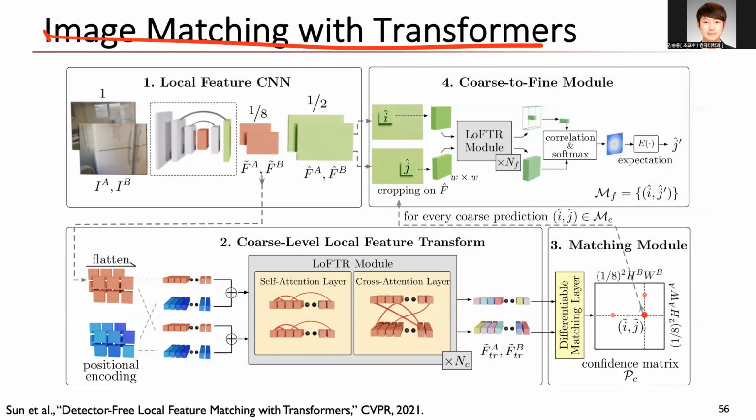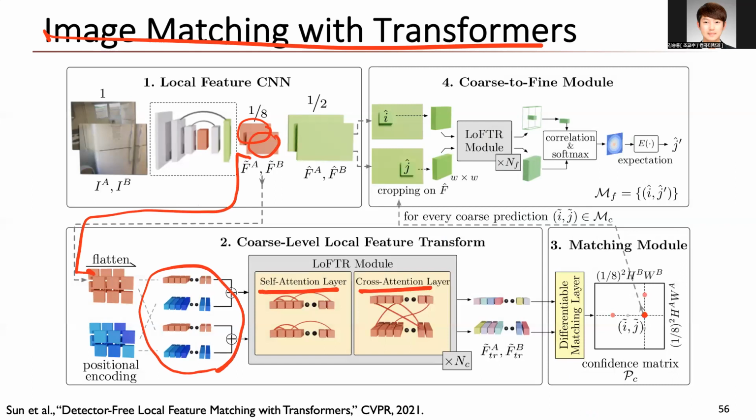First of all, extract the two feature vectors from image A and image B, flatten these feature vectors and aggregate them with self-attention and cross-attention in a transformer to find out similarity between these two feature vectors. I will skip the details, but train this transformer to maximally find out the corresponding points.